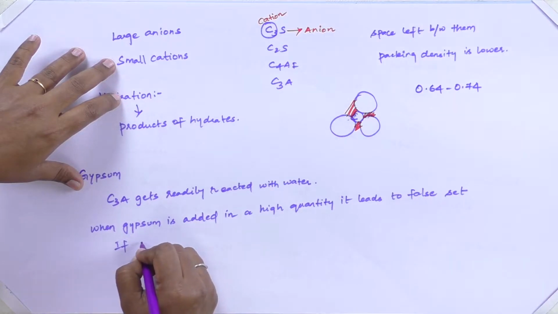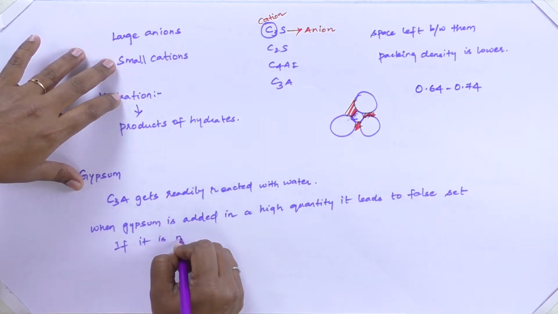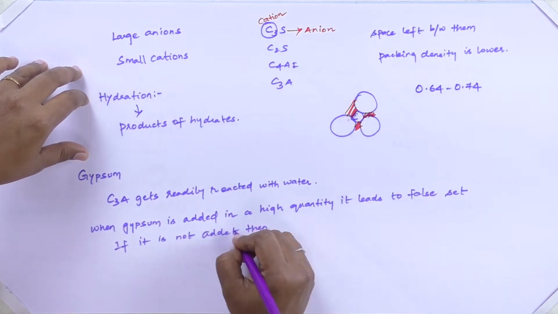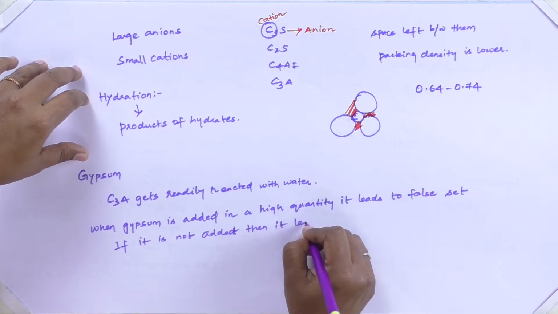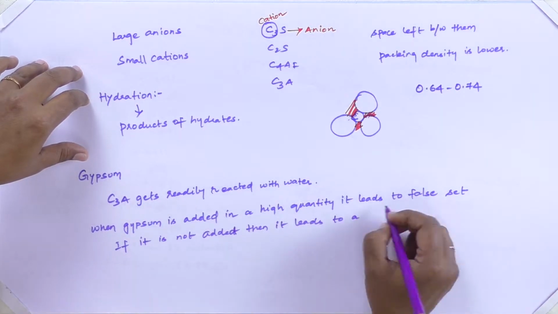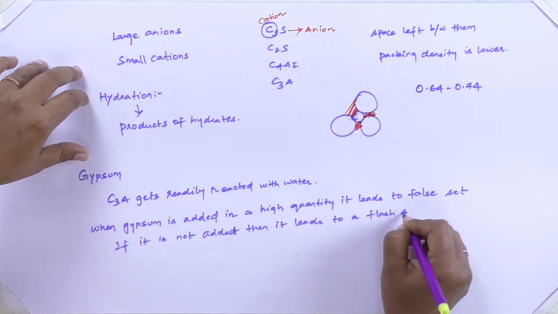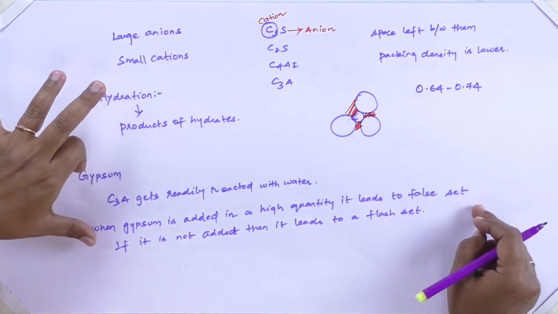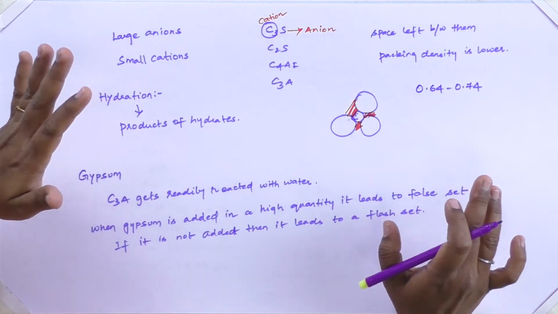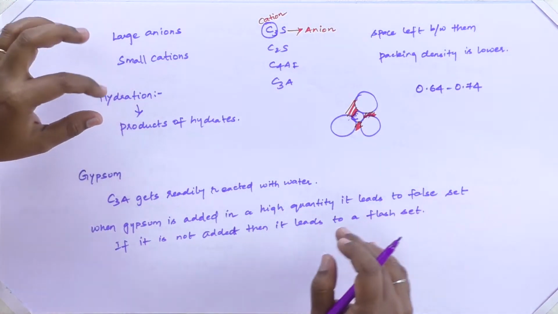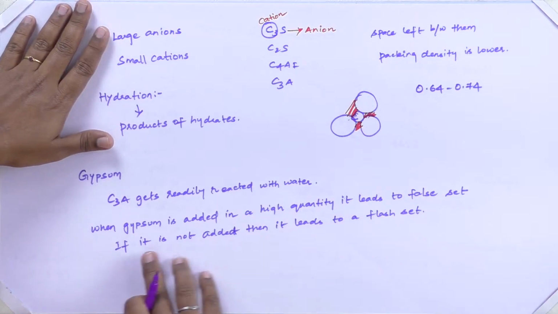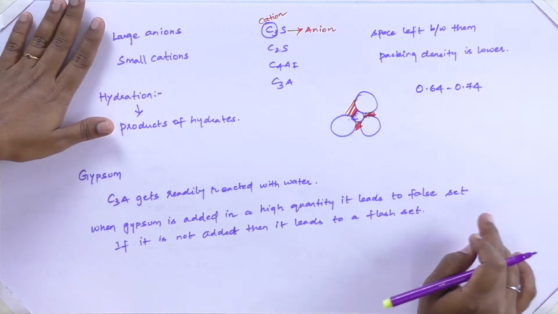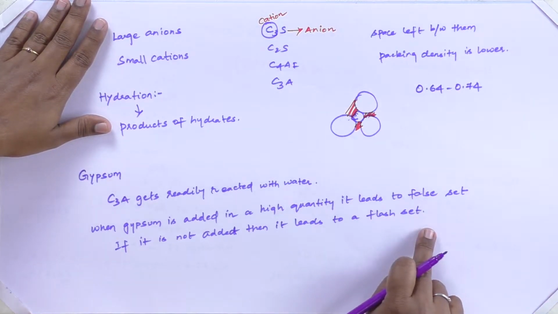If gypsum is not added, then it leads to a flash set. So while adding gypsum to the cement, we should be careful that it is being added in a prescribed quantity. If not so, then it will lead to false set. If gypsum is not added at all, then it leads to a flash set.